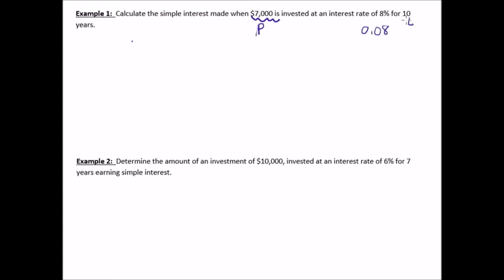So this is the time and this is the rate. We just want to know what is the interest. So interest equals PRT. We multiply 7,000 times the interest rate, annually, for 10 years. So 7,000 times 0.08 times 10.